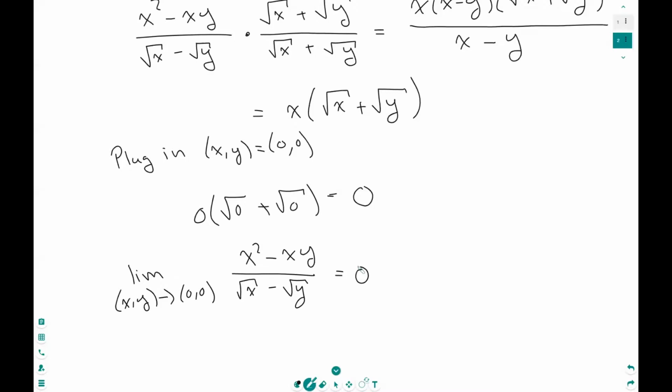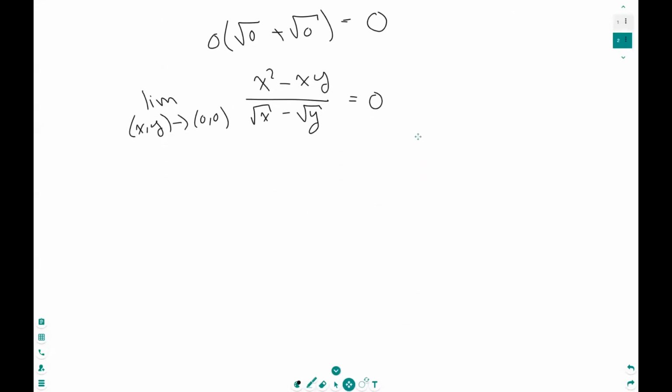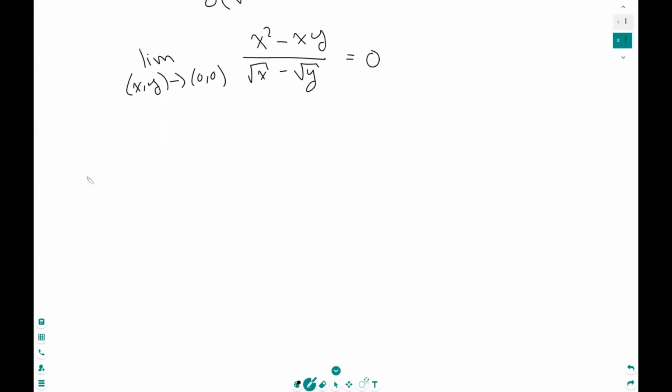Okay, and let's list some properties. What are some of the properties of this limit?